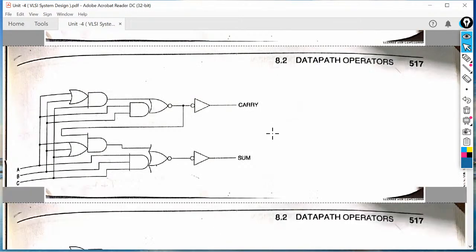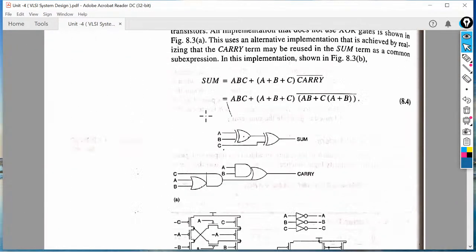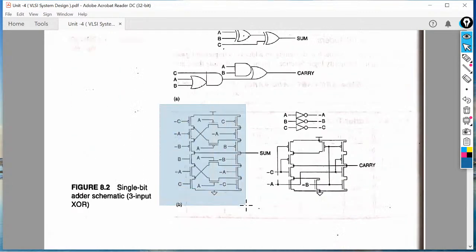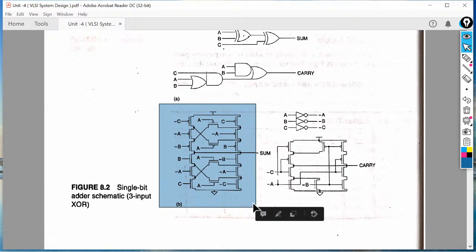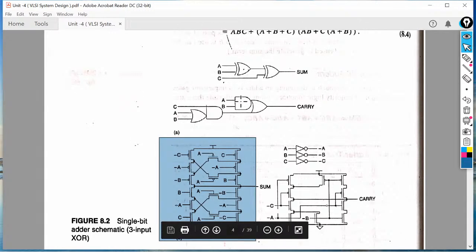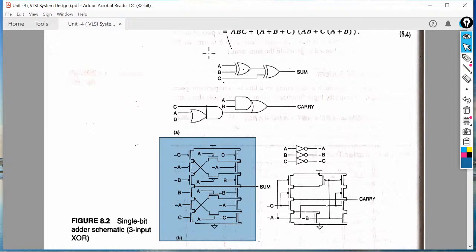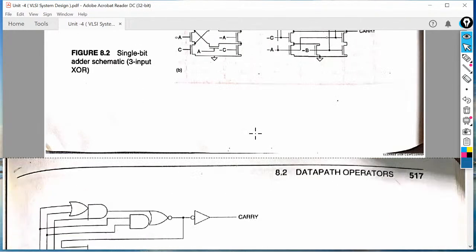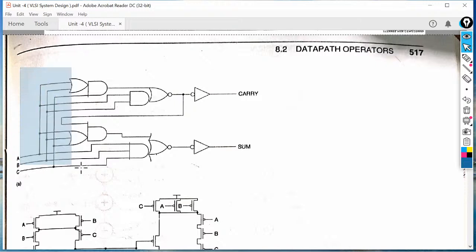And if any designer, because the CMOS design of any gate level design varies according to the gate level circuitry, so according to the designer, this CMOS circuitry should vary. So if you are a designer and you don't want to use this XOR gate, you only want to design your circuitry by using AND and OR gate combination, you can use this circuitry.